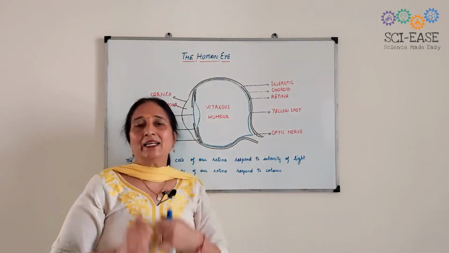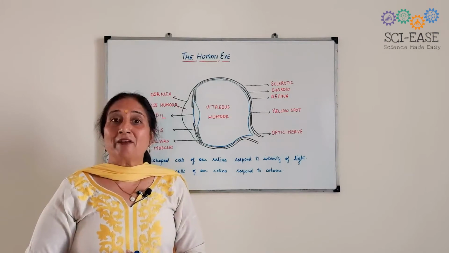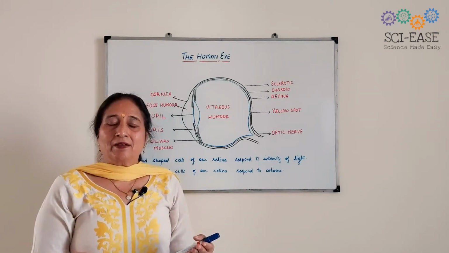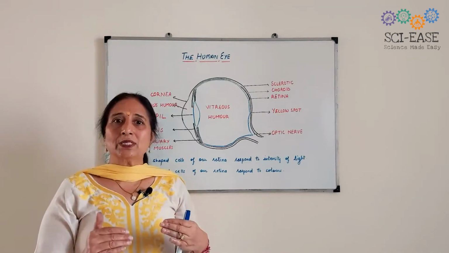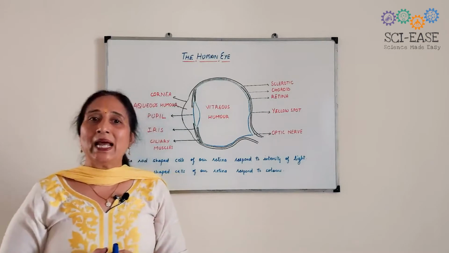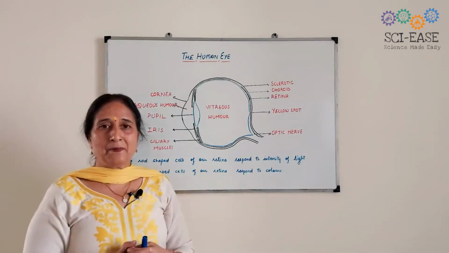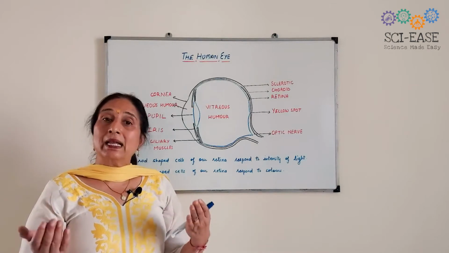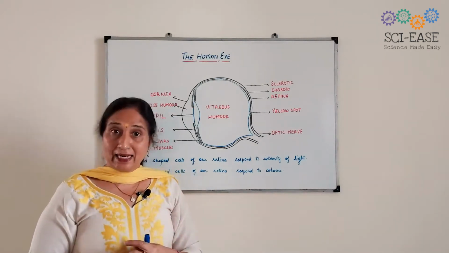There is the eyelid, which acts as a shutter. When our eyelid is closed, no light can enter. But when it is open, the light can easily enter.